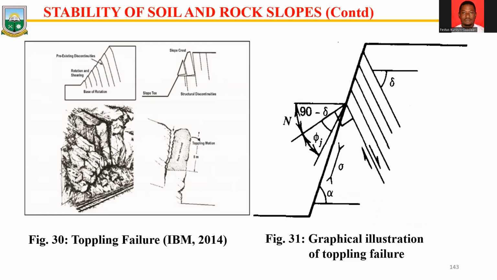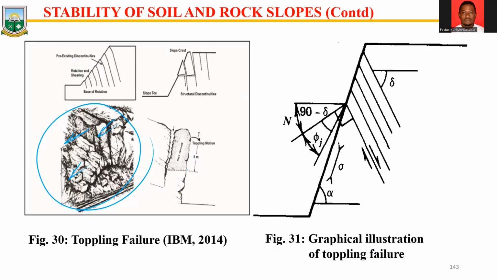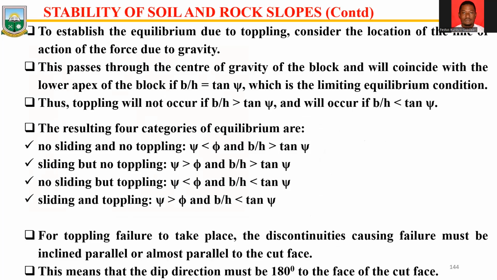But this is also a picture that is showing us how toppling failure could also occur. So I have my steep wall in this particular picture, and then a series of blocks falling over. You see how they are. So you need to know their weight, as well as the shapes that have been formed, which will cause this type of failure.